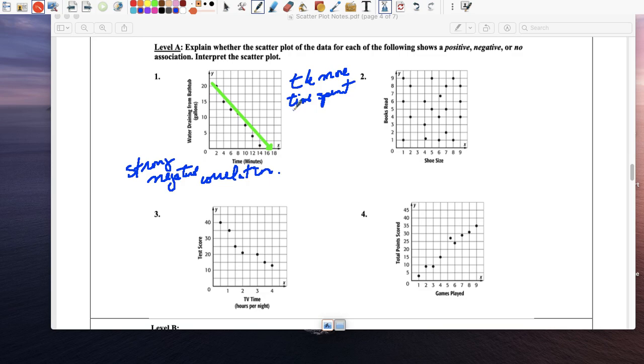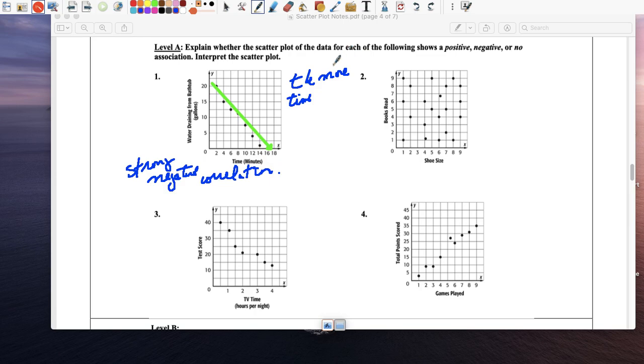What does that say? Water draining from bathtub. Or time, I don't know if that's time spent or time that it takes to.